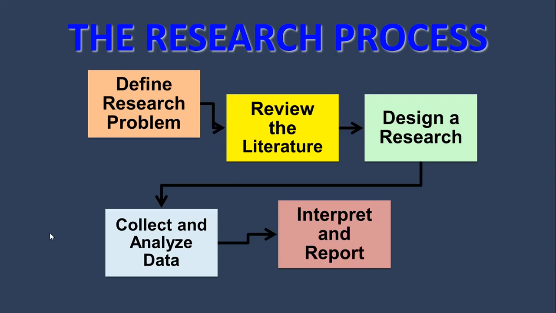And of course, the last one, you have to interpret the data after analyzing. And after interpreting, you have to report the data, or report the result, or share the result. So these are the major steps for research. We call this the research process.